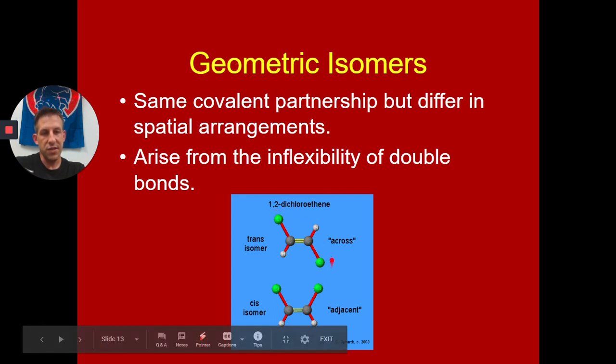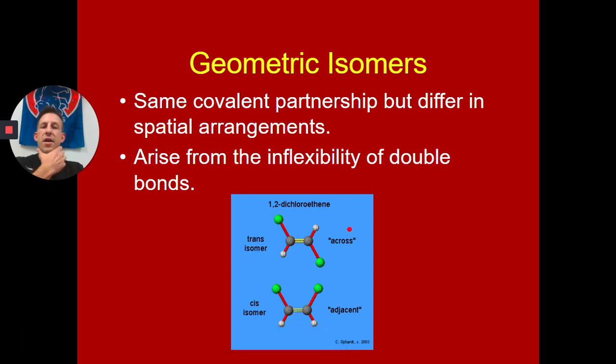This one right here is called the trans isomer. It has the chlorines across the double bond from one another. That word root trans means across when used here.